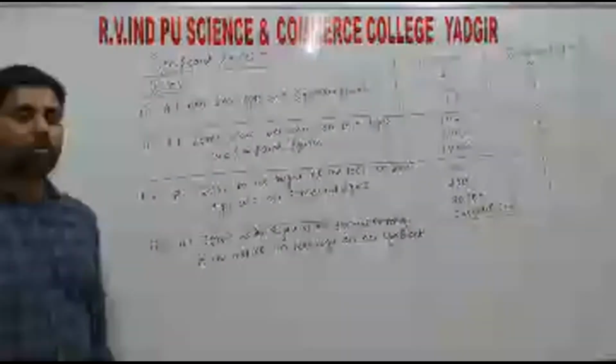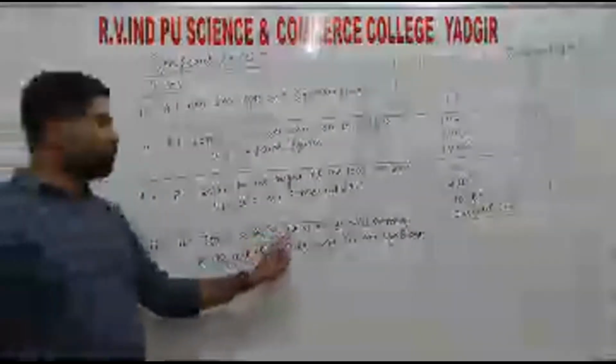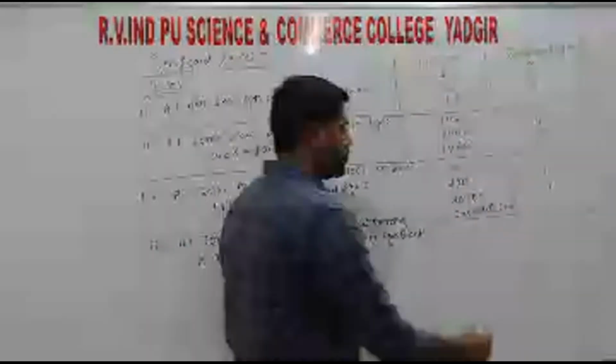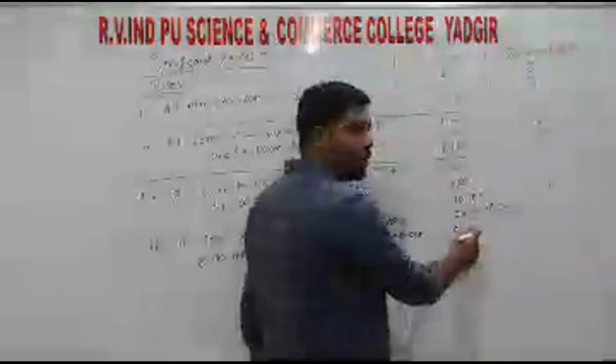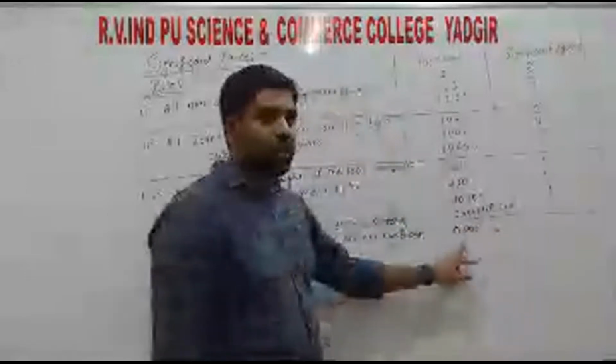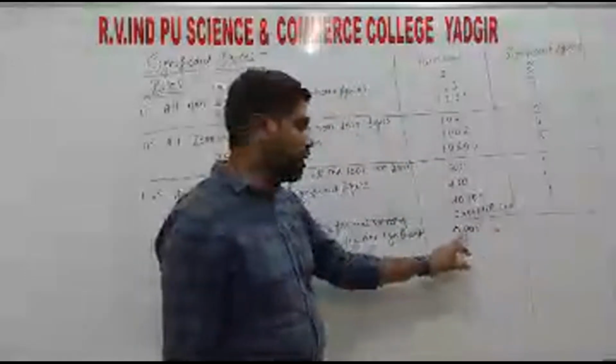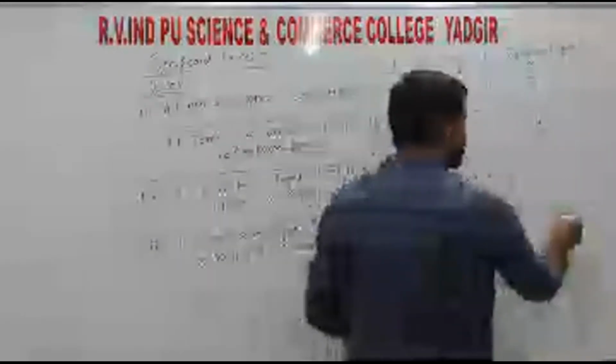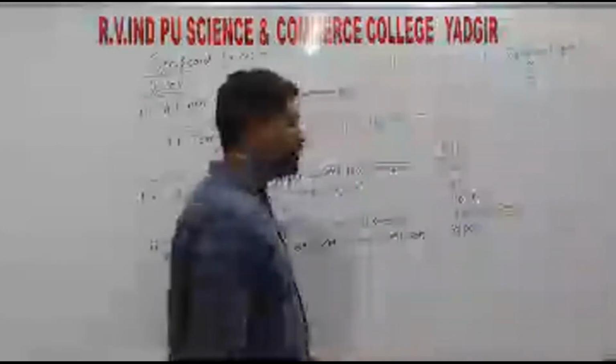So this one is the fourth one. All zeros to the right of the decimal point. After the decimal point, however many zeros come, those zeros are not significant figures, right? So in this example significant figure is 1, right?